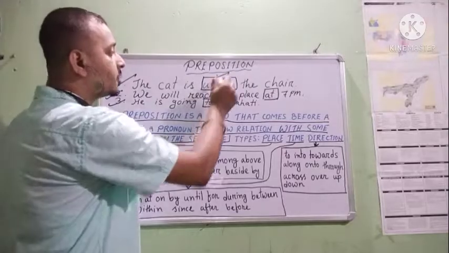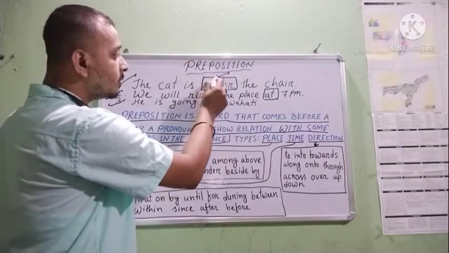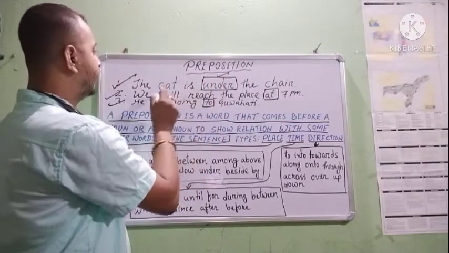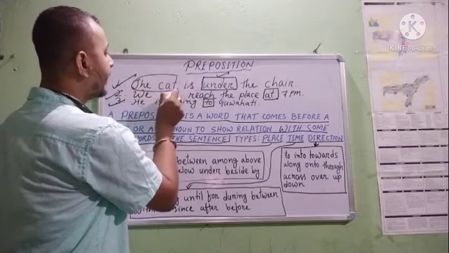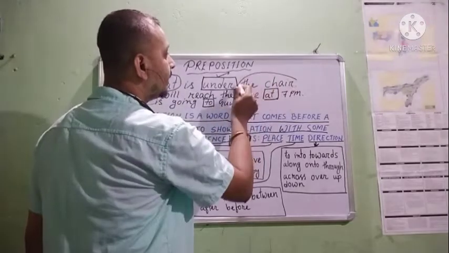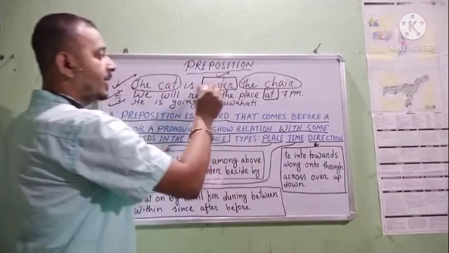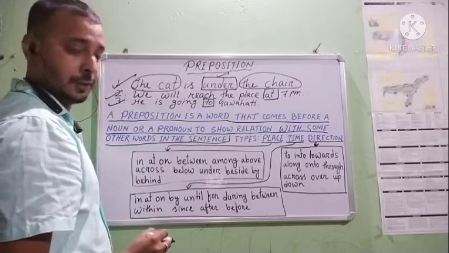Suppose this is the preposition here. So this word is showing relation between the cat and the chair. So this is the basic work of a preposition.